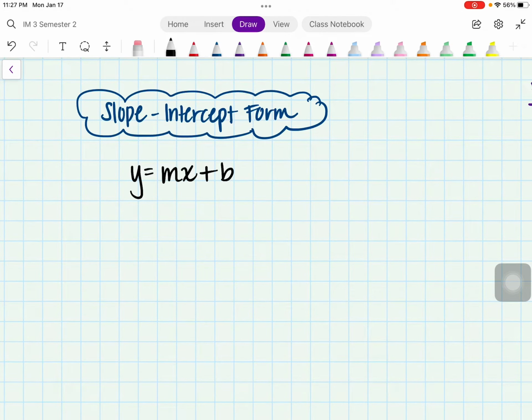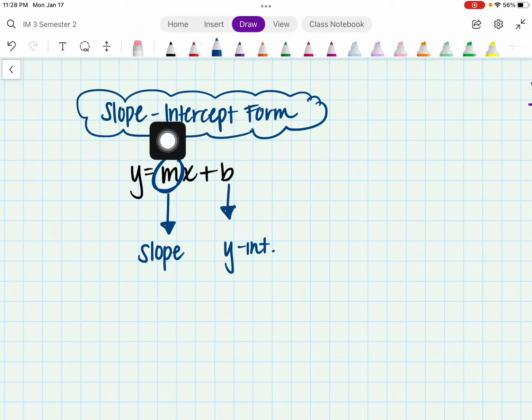Now let's take a look at slope-intercept form. With slope-intercept form, we're a bit more familiar. M is going to represent our slope, and b is going to represent our y-intercept.